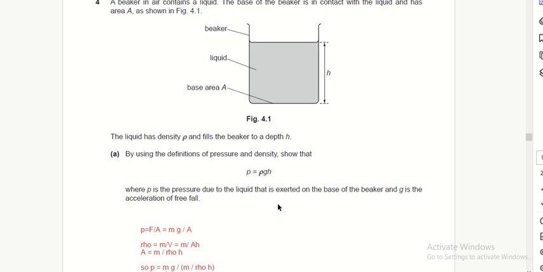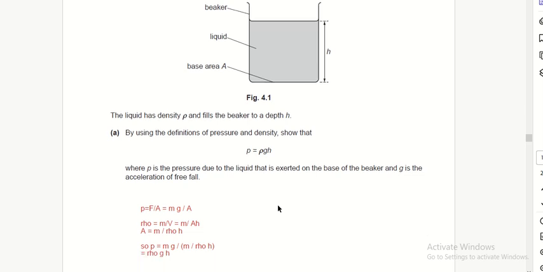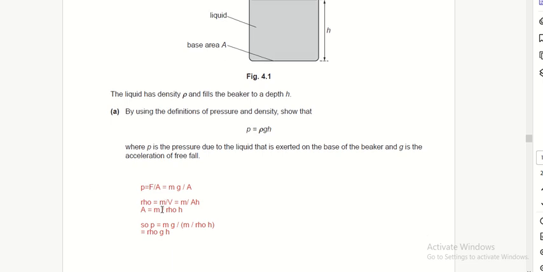Show that rho g h equals the pressure at some point inside the liquid. Pressure equals force over area.